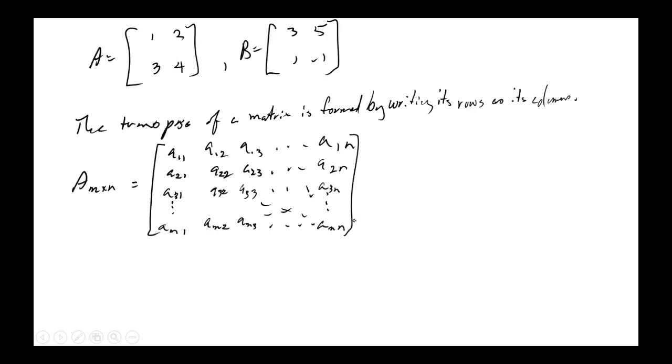Okay, there's your matrix A. A transpose, then, is exchanging the rows and columns. Now, these A's have the same values as the corresponding A's over here.